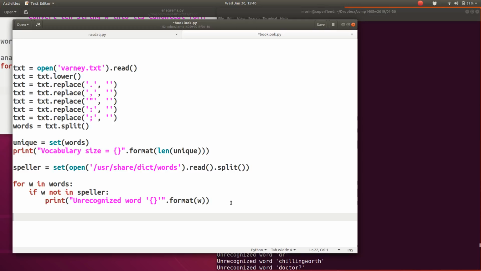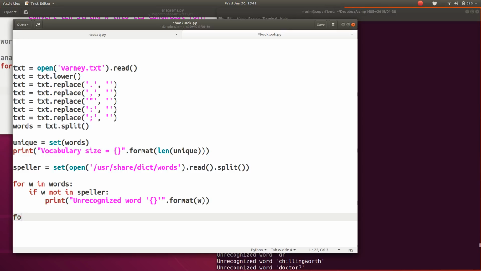So let's try. So if we want to know the frequency with which the author uses words, well, that sounds like a problem for a Python dictionary, because what we've got is for every word, we want to know how many times it was used. So for every word, we should map it to an integer counter, which tells us how many times we've seen that word.